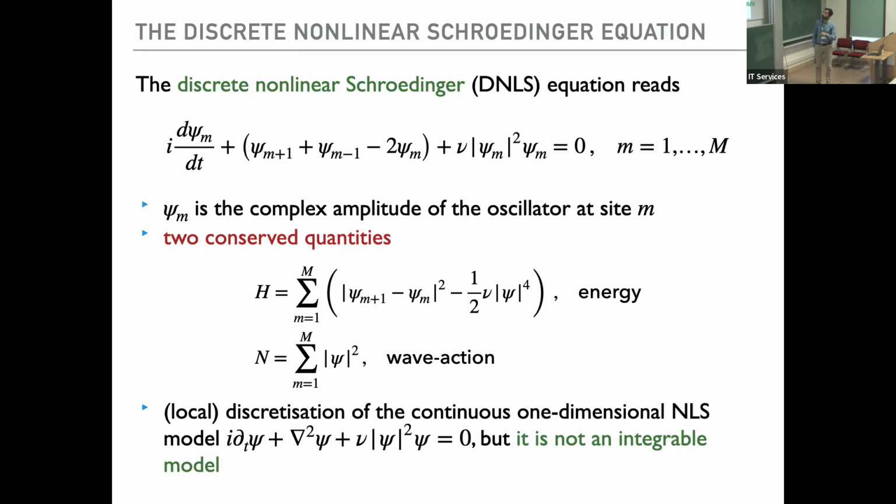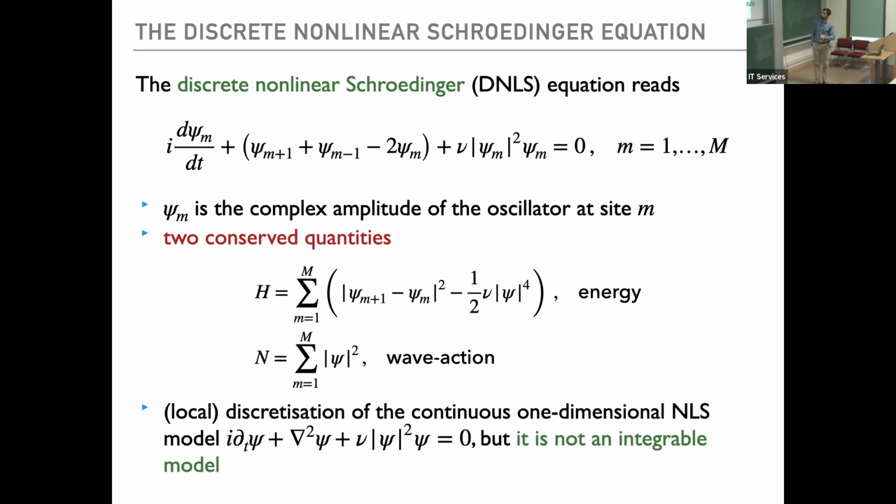Then you have this term that tells you the interaction between site m and sites m+1 and m-1, the nearest neighbor interaction. This system has two conserved quantities: the Hamiltonian defined this way, which is the energy, and the total number of particles, sometimes called wave action, depending on the community that you work with.